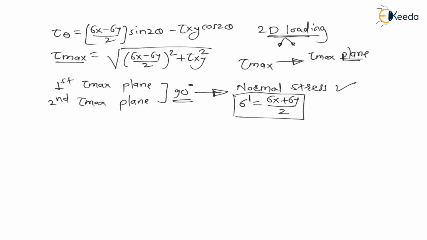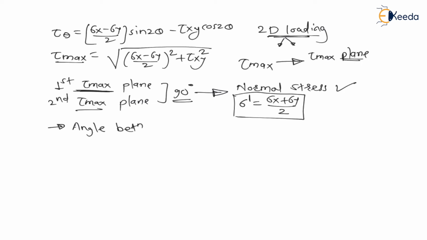But on principal planes, as we saw a few minutes back, only principal stress is acting and shear stress is zero. On tau max plane, along with tau max, normal stress of magnitude (sigma x plus sigma y)/2 is also acting. And very interestingly, a very important point: the angle between any one principal plane and the nearest tau max plane is always 45 degrees.